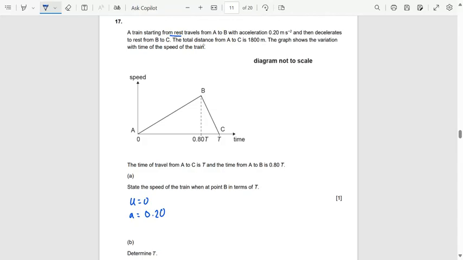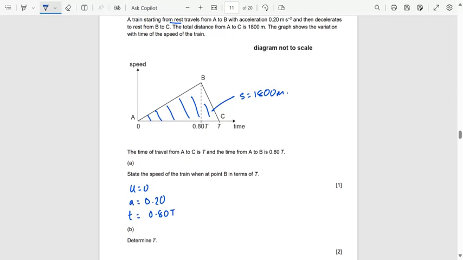And we know that the total distance, the area under the graph, is 1800. We also know that the time it takes to go from A to B is 0.80t, where t is the whole time. So we are asked to calculate v.